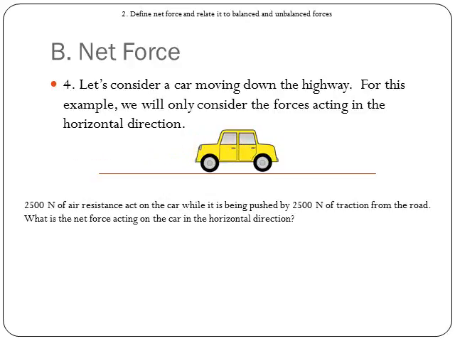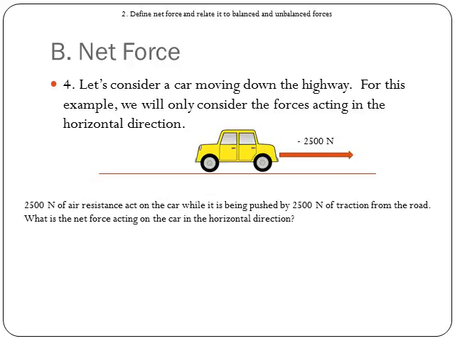So ask yourself, which direction would the air resistance be pushing the car? So air resistance, that's friction, so that would be going against the motion. So the air resistance would point to the right. So our air resistance is going to the right, and notice here I've labeled that negative 2,500 newtons. Like we talked about before, we could just as easily label that positive 2,500, that would be just fine. But for this example, I'll say going to the right is negative.